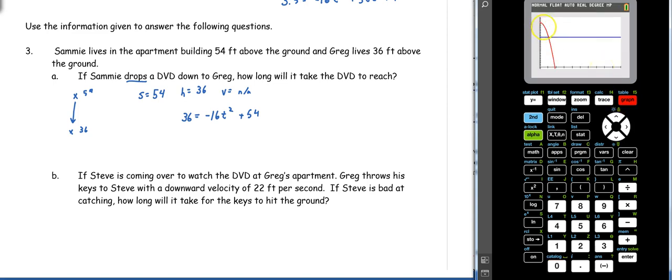So we see our graph and the intersection, so we're going to do second, trace, intersect, move close to that intersection.